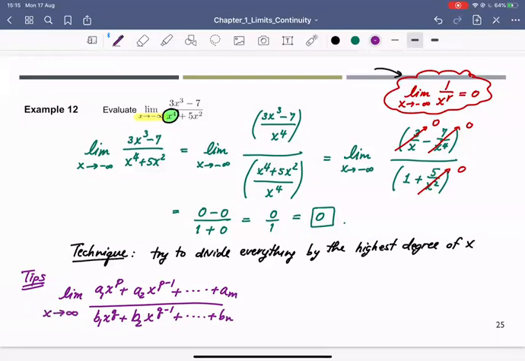A rational function means a fraction of polynomials. If you see a rational function like this, you can compare p and q, right?